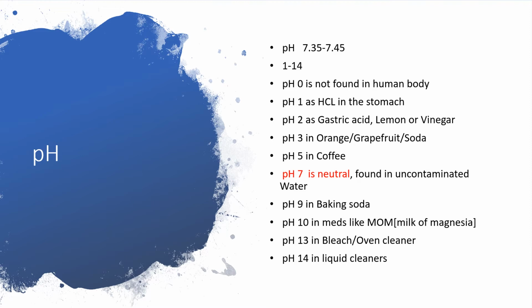I deliberately said uncontaminated water, because it's possible that water has been tainted or contaminated with something. So pH 7 is found in uncontaminated water. pH 9 is found in baking soda, and pH 10 in medications like milk of magnesia. pH 13 is in bleach or oven cleaner, and pH 14 in liquid cleaners.